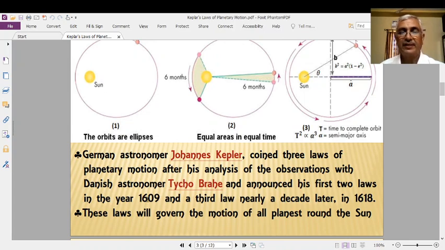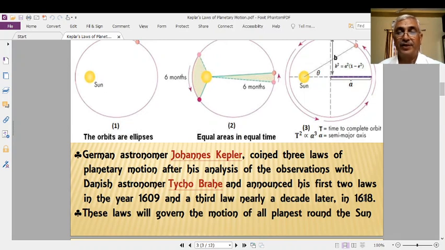Later, a decade after, in 1618, he proposed the third law. In this way, Kepler, with the help of Tycho Brahe, proposed 3 laws for planetary motion in the early years of the 17th century.